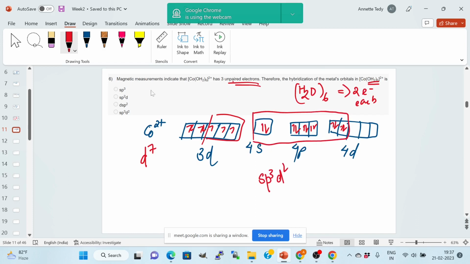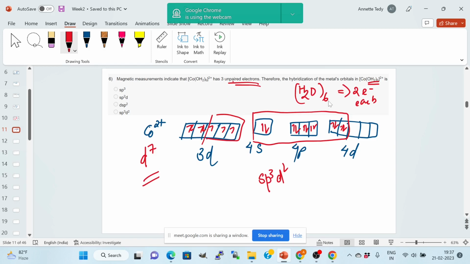Right? So for these questions, first you will have to look at which metal they are asking about and what the oxidation state of the metal is. In this question they have said that it has 3 unpaired electrons, so we have to arrange the electrons in that way according to the number of electrons in that oxidation state, and whatever orbitals are remaining are available for hybridization.